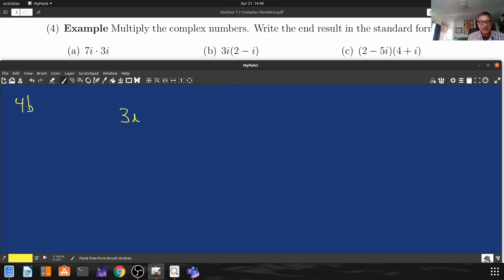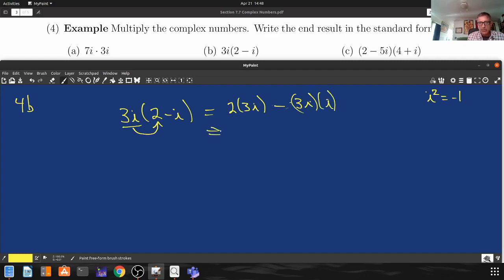3i times 2 minus i. Again, just remind yourself that i squared is equal to minus 1. So this is equal to, again, distribution. All of the properties hold. So this is equal to 2 times 3i, or 3i times 2, minus 3i times i.